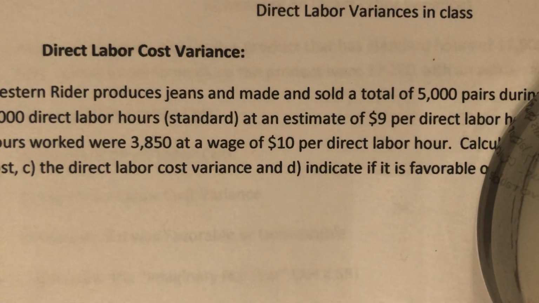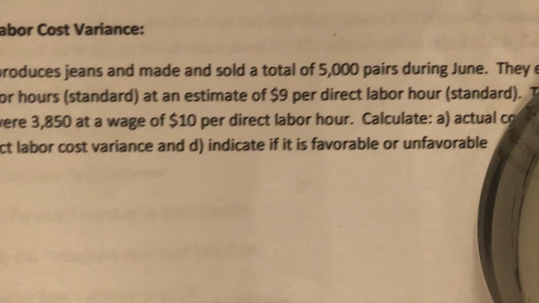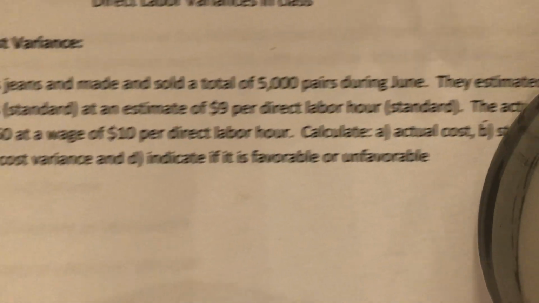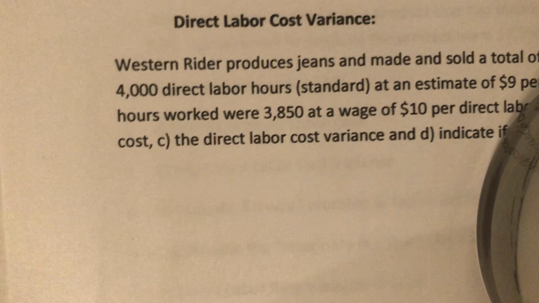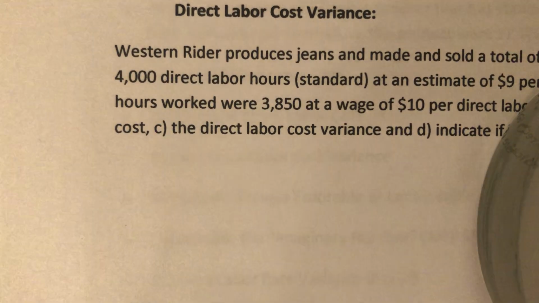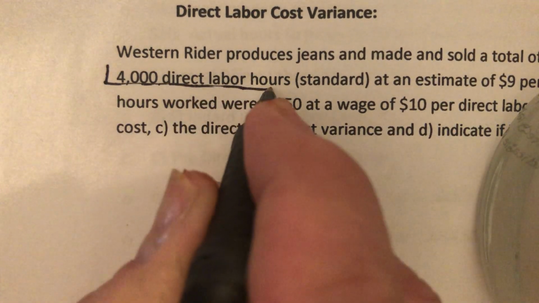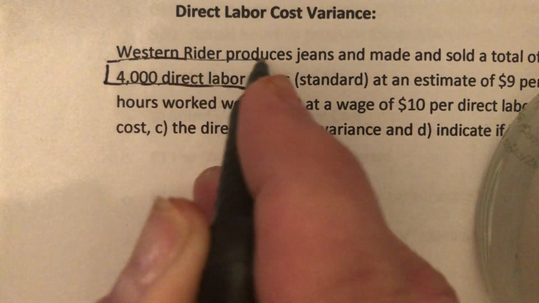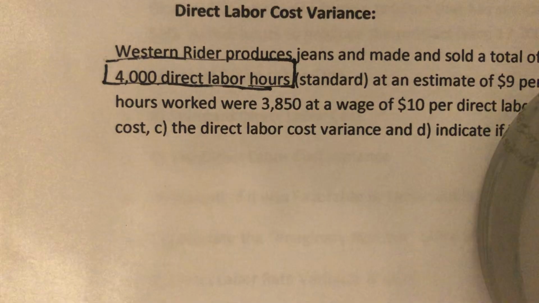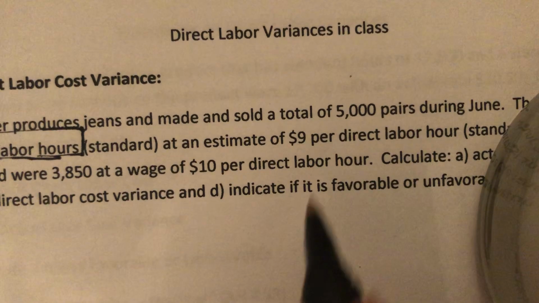They make jeans. They sold a total of 5,000 pairs in June. They estimated 4,000 direct labor hours. That's an important bit of information for you. You'll need that. And they estimated $9 per direct labor hour.